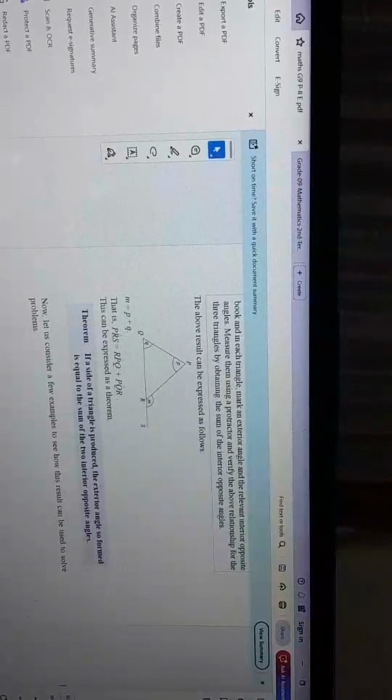So this is the theorem. Can you see it? If a side of a triangle is produced, the exterior angle so formed is equal to the sum of the two interior opposite angles. So you can see this figure. M equals P plus Q. Okay, so that is so simple.